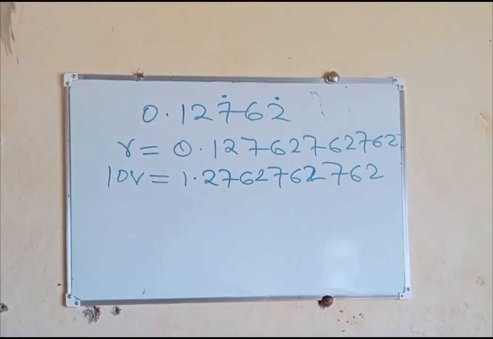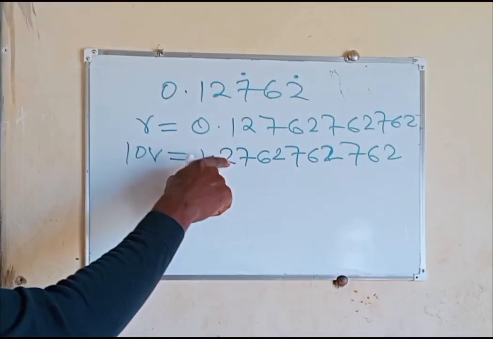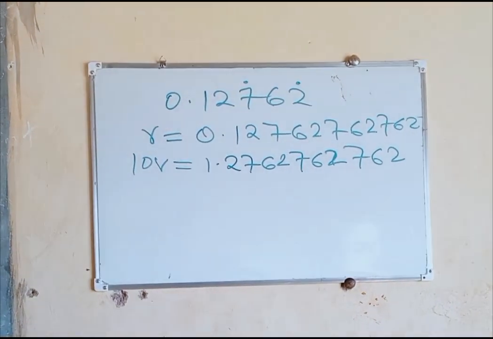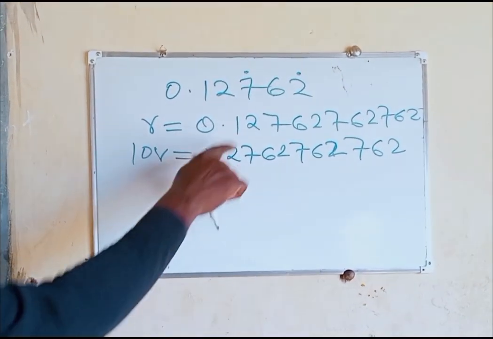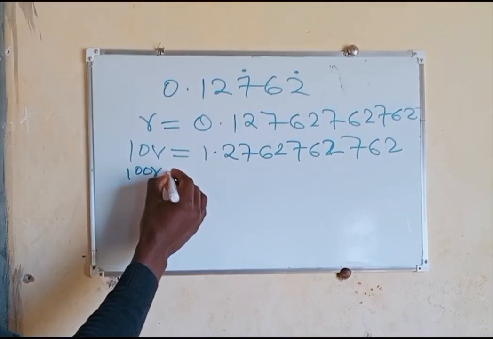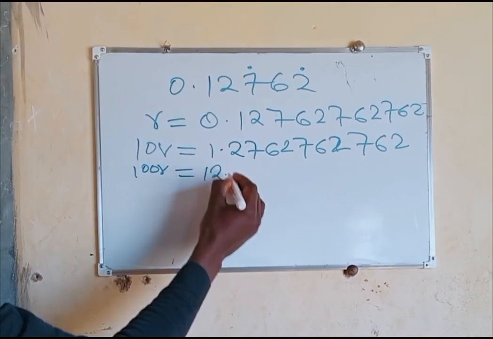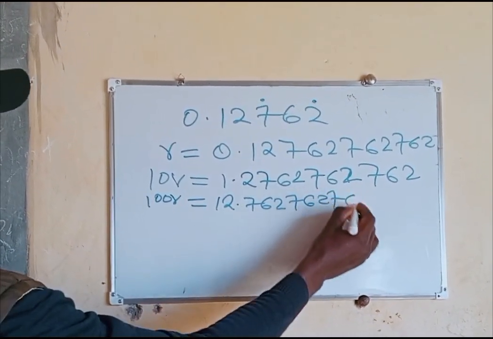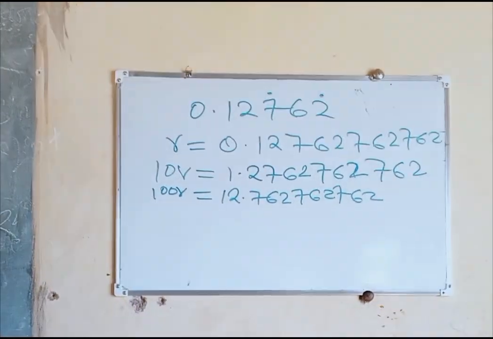At every step, we'll check whether the number after the decimal is the same, so that we obtain 0 on the decimal side. This being 1 and this being 2, we will proceed to 100R being 12.762762, and so on and so forth.